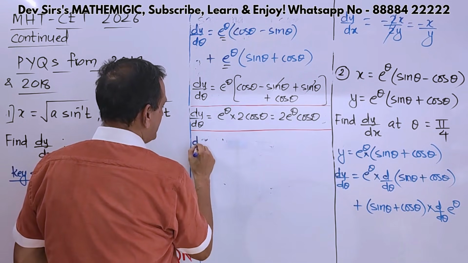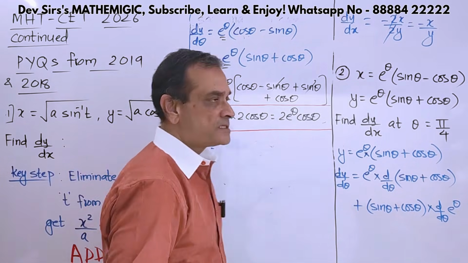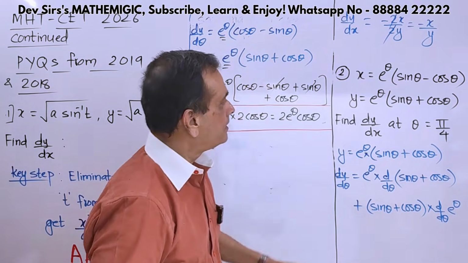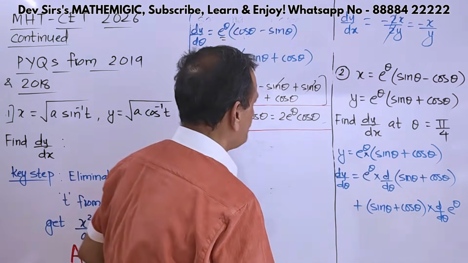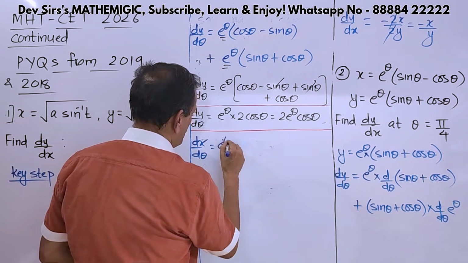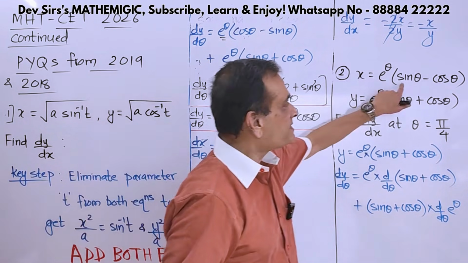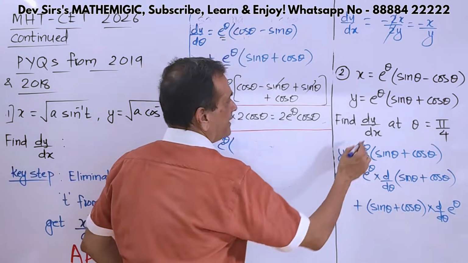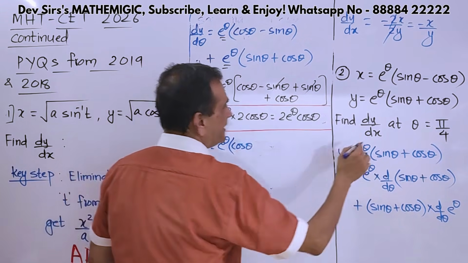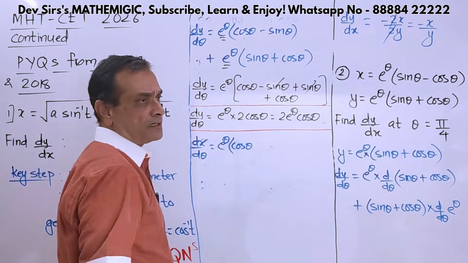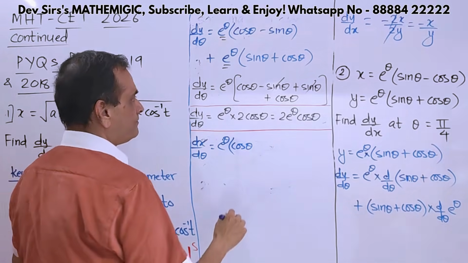So directly do dx by d theta. See the difference in boards and CET now. Directly in mind, first function derivative of second: e raised to theta, but focus. Derivative of sin theta minus cos theta. Derivative of sin theta is cos theta. Derivative of minus cos theta is plus sin theta, because derivative of cos is minus sin.